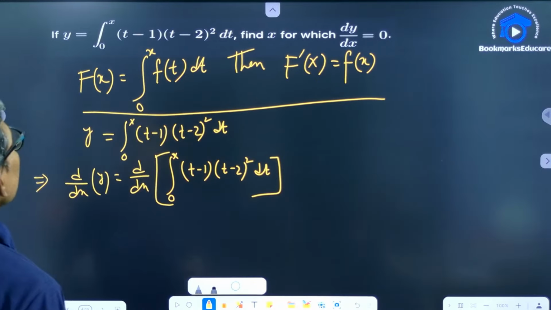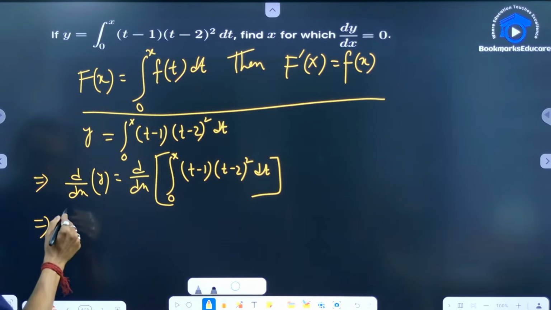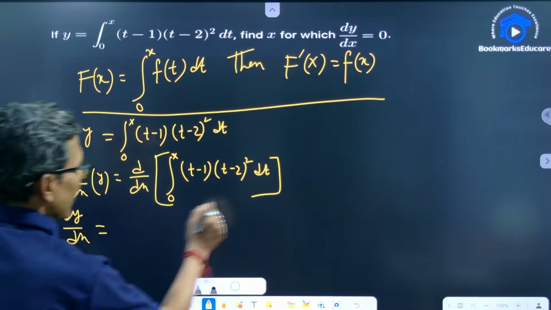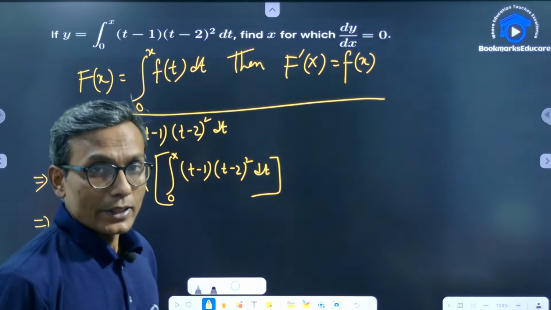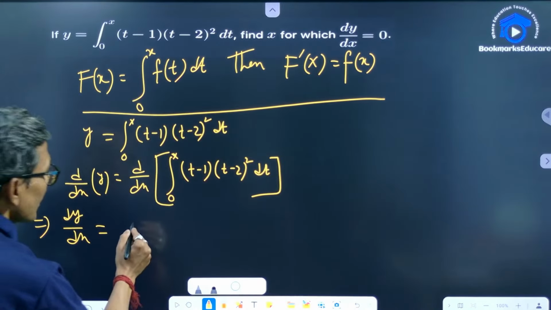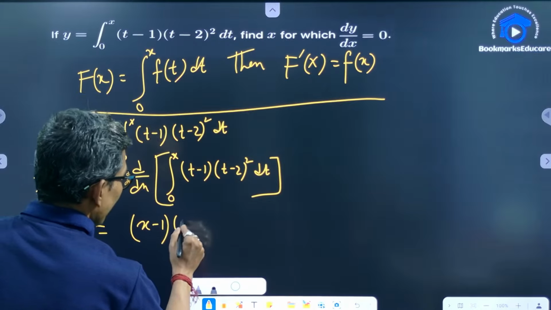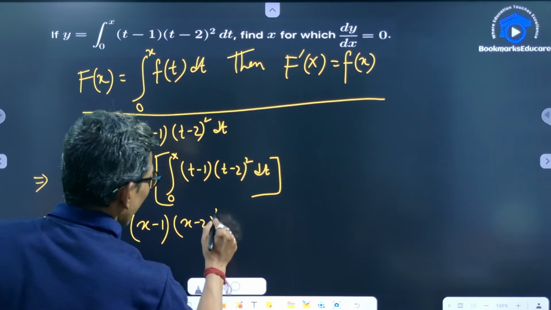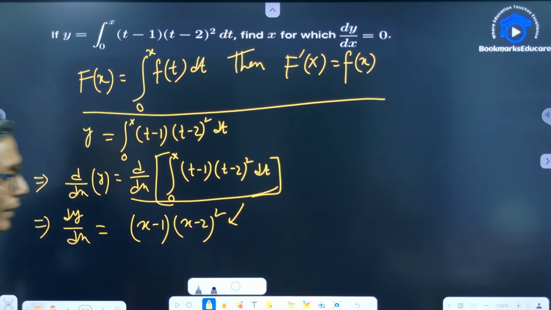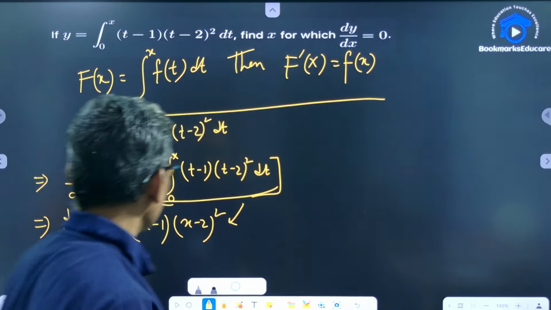So d by dx of y means dy by dx, and over here we apply the FTC, then x minus 1 into x minus 2 whole square. The result of this portion is this, using the fundamental theorem of calculus.